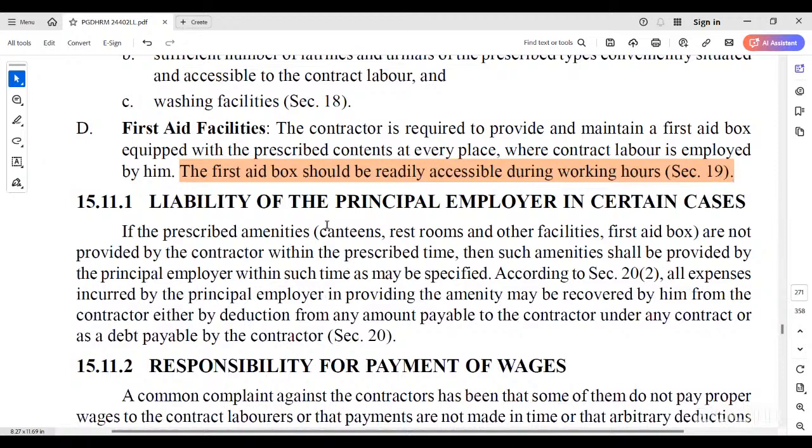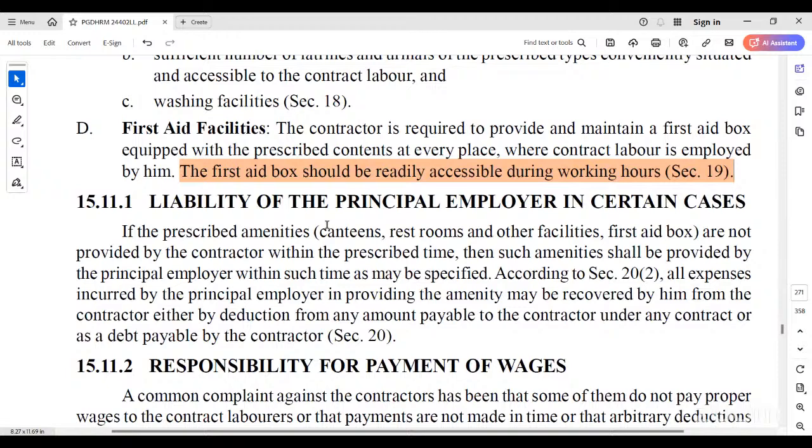So, liability of the principal employer in certain cases. The contract laborer is not a direct employee, but there are some obligations of the principal employer concerning the contract laborers as per this Act.